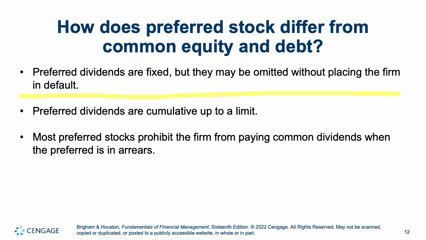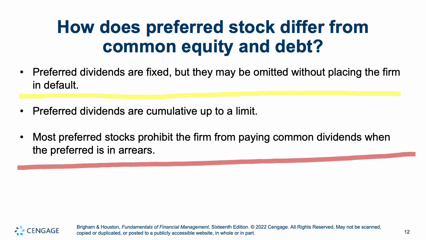Most preferred stocks prohibit the firm from paying common dividends if they can't pay the preferred. So if the company can't pay its preferred stock dividends, the regular stockholders, if they are due any dividends, are not going to get them either. So companies, unless they really have to, often aren't going to just not pay their preferred dividends, for the reason being they wouldn't be able to pay their common stock dividends either.